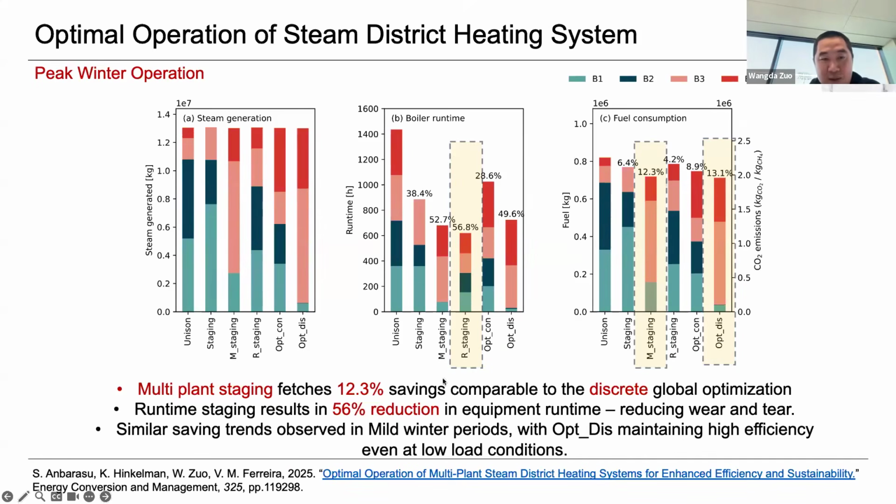She tried different optimization strategies, but it's a very simple, practical one that people can implement immediately. We found about 12% savings in terms of energy, but also a 56% reduction in terms of equipment runtime.